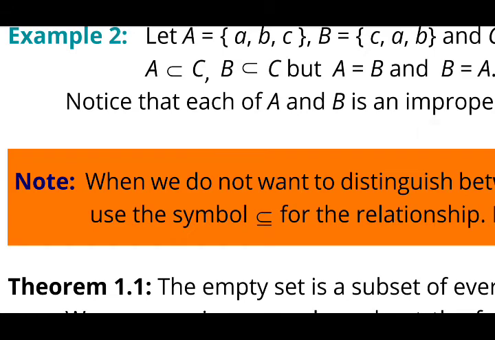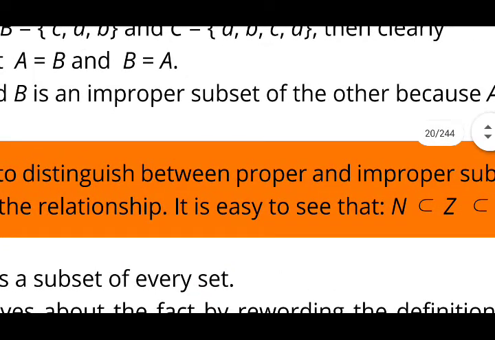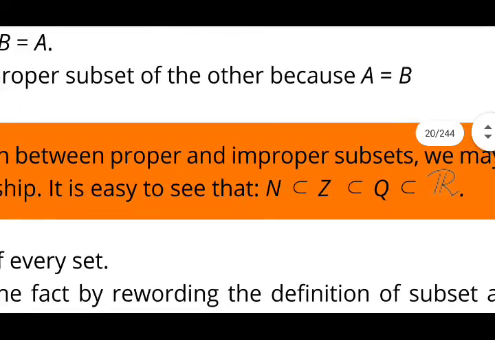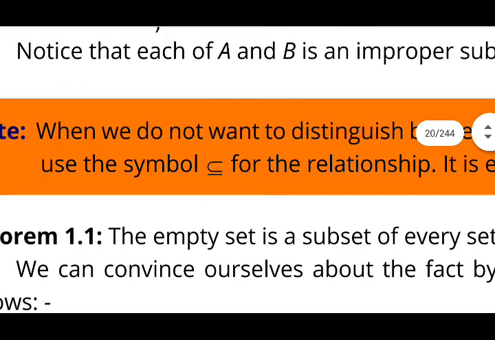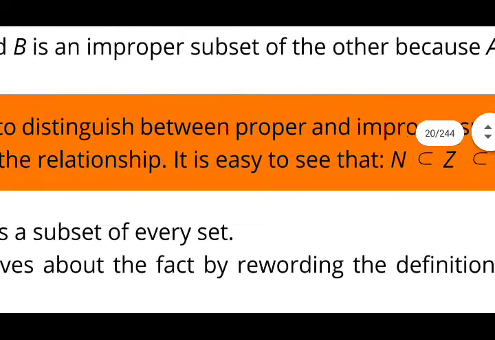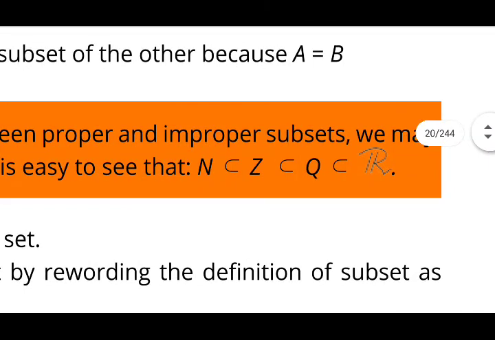When we do not want to make a distinction between proper and improper subset, we may use the symbol for the relationship. It is easy to see, and this is a very important note, that N is a subset of integers because every natural number is also an integer, all integers are also rational numbers, and all rational numbers are real numbers.